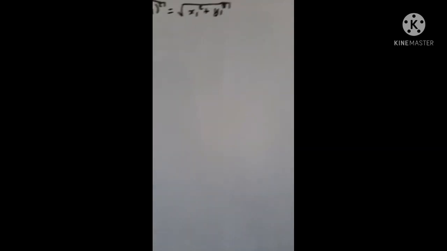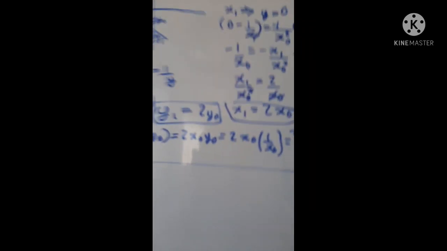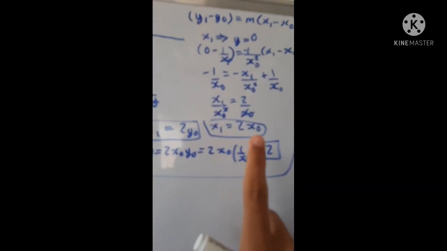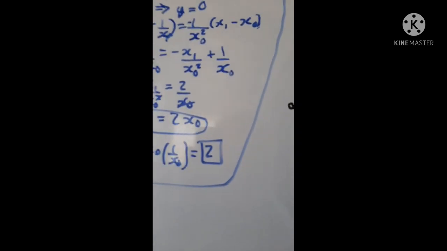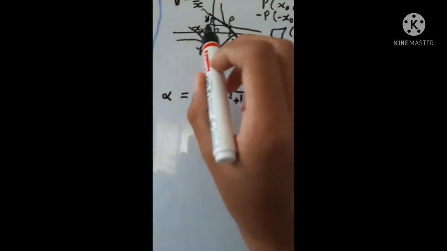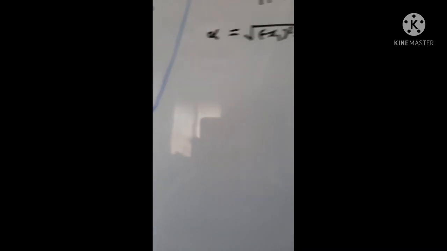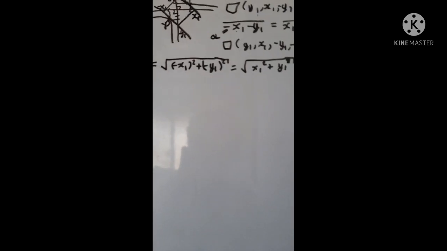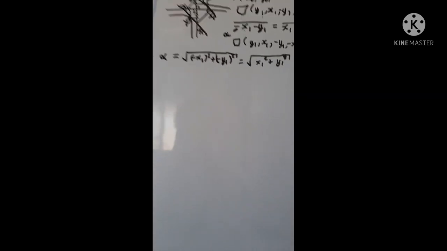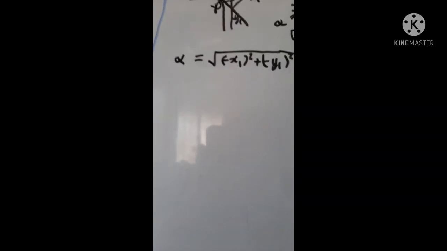So we have this length, right? So can we calculate x1? X1, as I've calculated here previously, pre-recording of course, is 2x0, right? So we have 2x0 here. So we'll just plug it in.